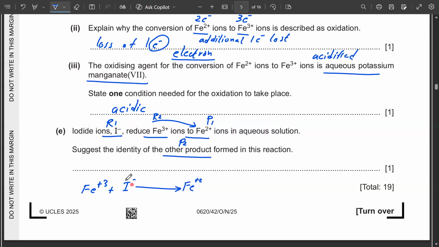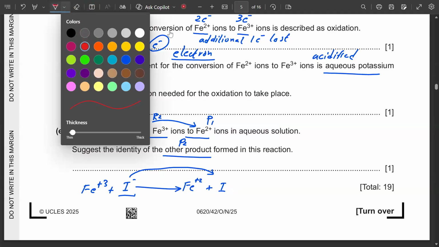The other element is iodide, which means the other product will definitely be made up of iodine. So I just write I here for an instance, and then look for the formula of that iodine.